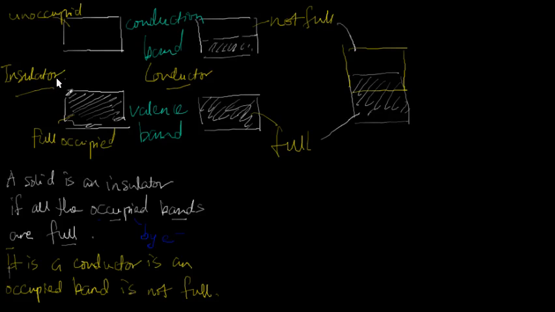So as an example, maybe think of an example for, say, an insulator. It could be some kind of plastic. Or if I prefer to talk about elements, say nitrogen.